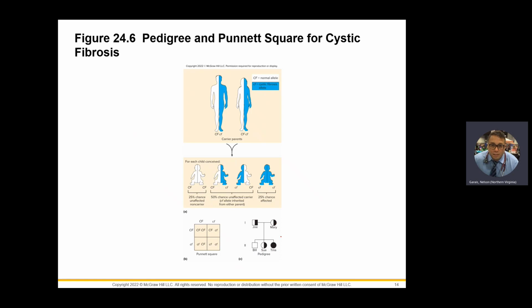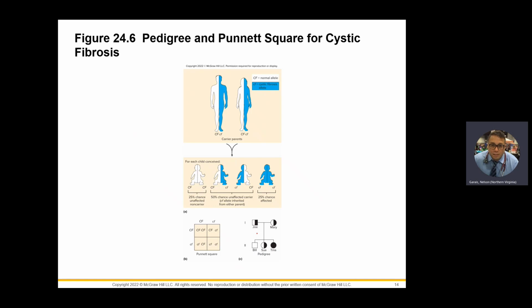Let's look at this one. Regarding cystic fibrosis. Now remember, cystic fibrosis, a carrier doesn't get hit, but let's ask some basic questions. Who's the dad? Gen 1, dad's Joe. Who's mom? Mary. Now you notice they're only colored halfway.